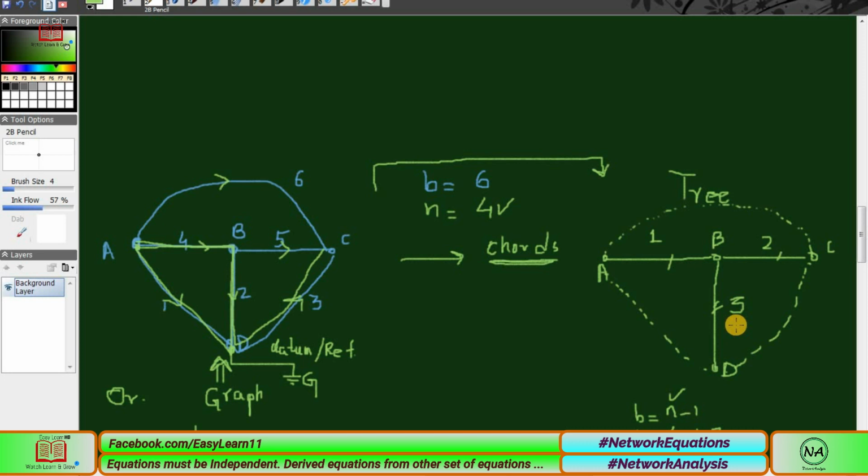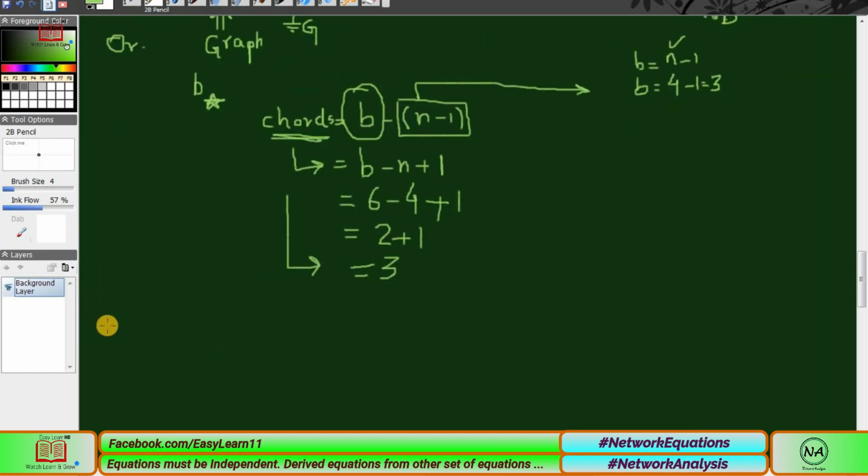Number of equations means how many equations we need to write for any network, for any calculation, for any system. So first of all, the very basic answer according to the mathematics rules. You heard about that. Look at the number of variables of any problem.